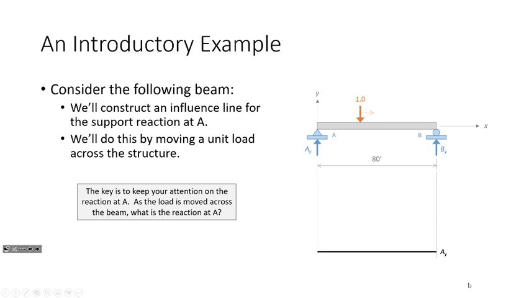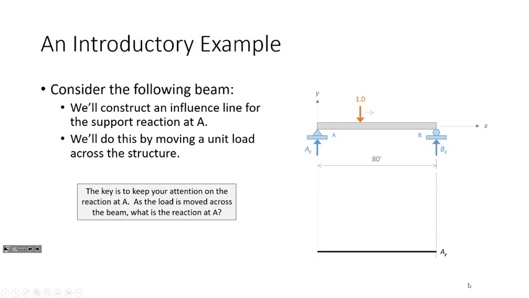If I put the load right smack dab in the middle of the beam, 1 kip in the middle of the beam, what are both of these reactions? Half a kip, right? So right here in the middle, that'd be a half. Okay? Let me ask you this. What if I took the load and moved it there?